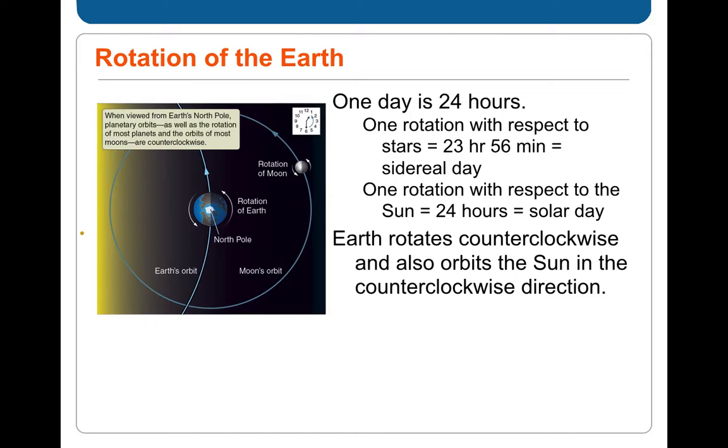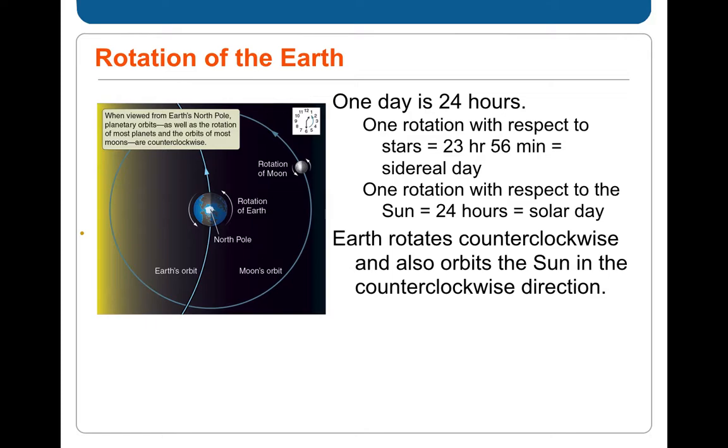So Earth rotates. If you are looking from the North Celestial Pole down on the solar system, Earth goes around the sun in a counterclockwise direction, and that's what this figure is indicating. You are pretty much at the North Celestial Pole or North Pole looking down on Earth. Earth goes in a counterclockwise motion around the sun, and the moon is to the right of Earth and a little bit above.